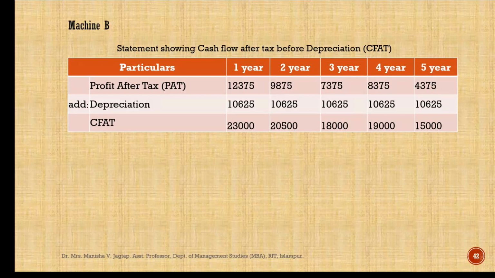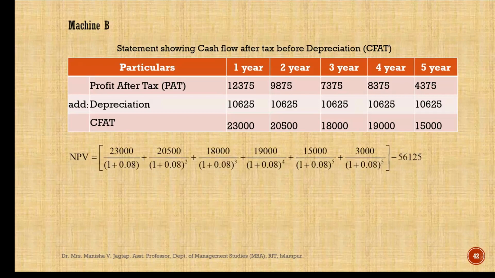This information we apply for calculating the net present value of machine B. The same formula we will apply here. Again, we have to consider the 3,000 salvage value, which we are going to get at the end of the fifth year, and then deduct 56,125, which is the initial investment.